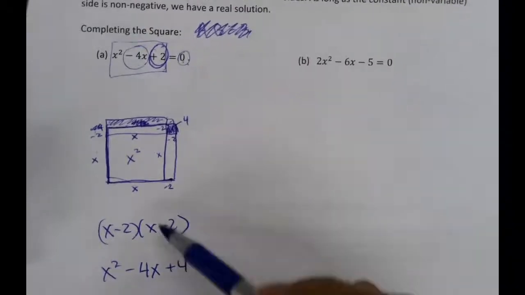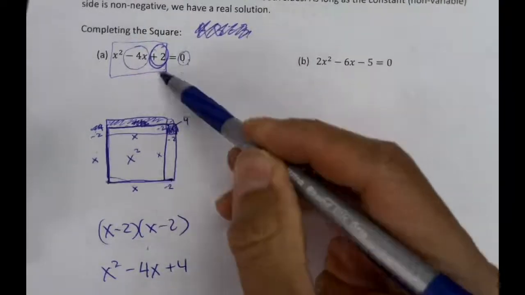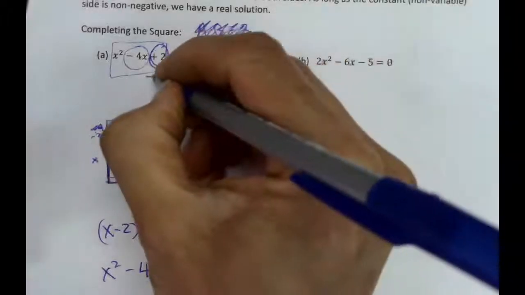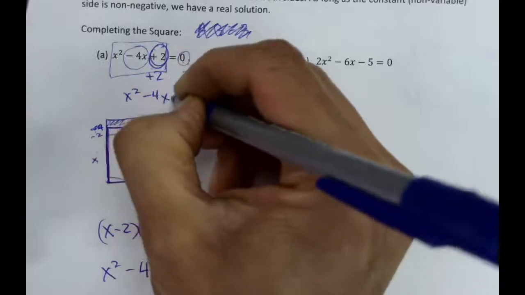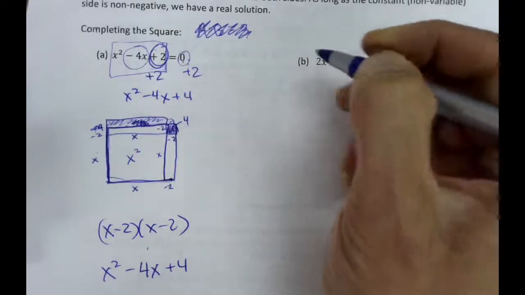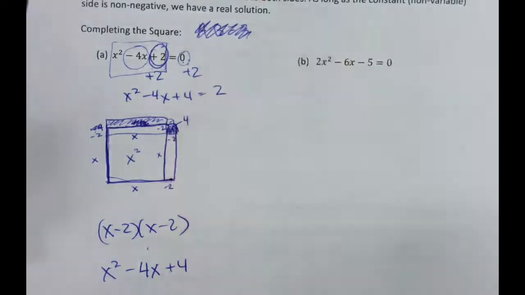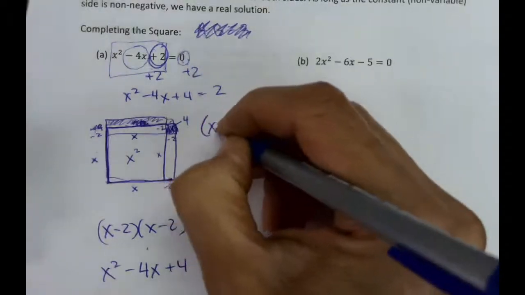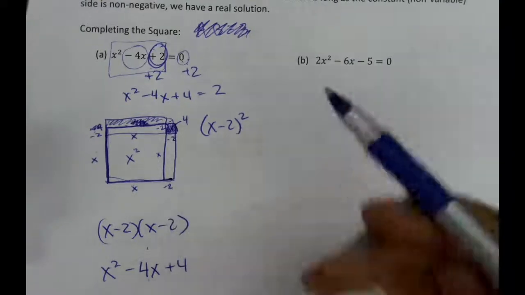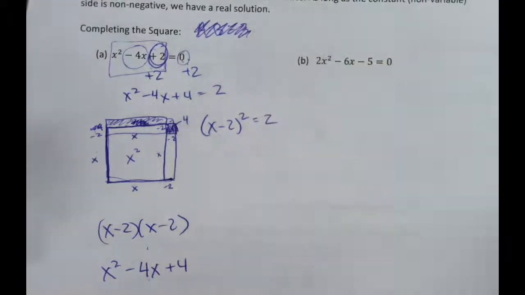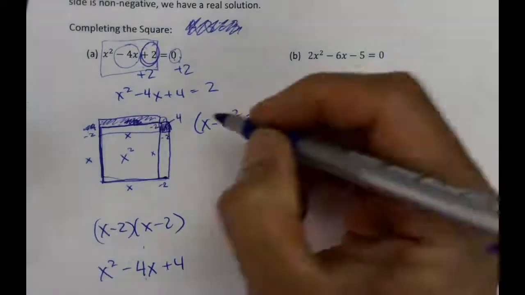See that? I'm just off by 2. So if I add 2 to both sides, now I've got x squared minus 4x plus 4, which is a perfect square, equal to a number. So x minus 2 squared is equal to 2, and now I can solve it with the square root property.